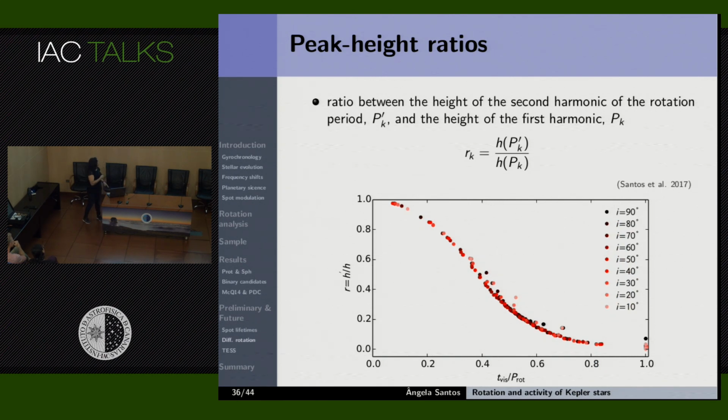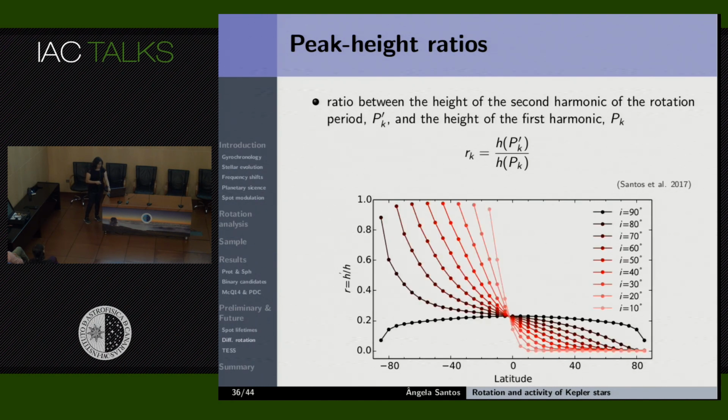And this is what we show here, the peak-height ratios, the measure of how sinusoidal the light curve is, as a function of the relative visibility time of the spots for different inclination angles and for different latitudes. And this visibility time is dependent on the latitudes of the spots and also the inclination angle.